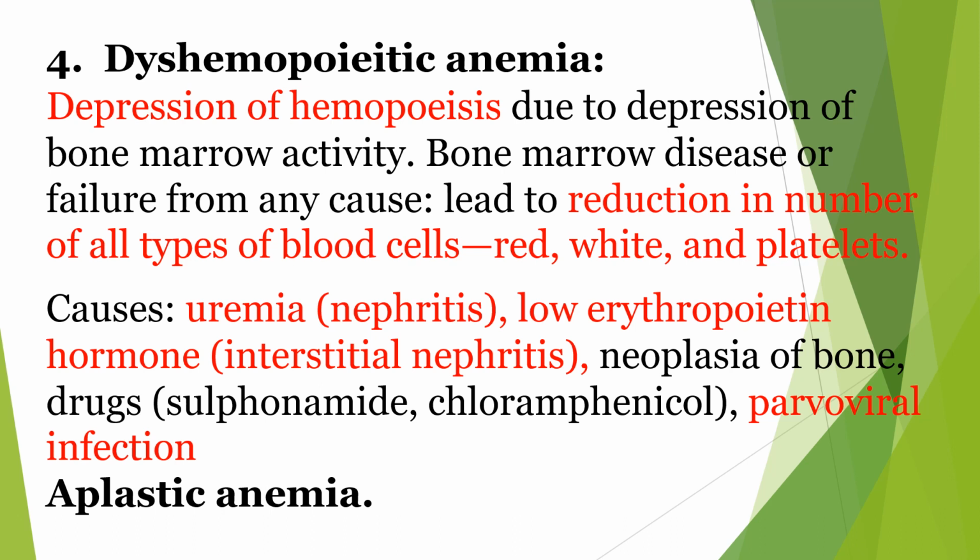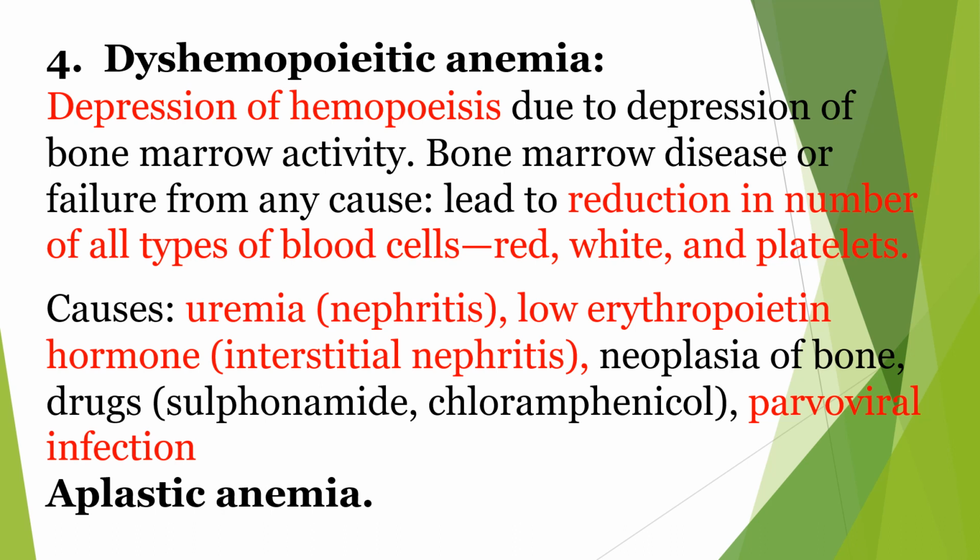But when there is low erythropoietin hormone, especially in interstitial nephritis, a common disease of old dogs, that also leads to anemia. Less common causes are neoplasia and certain drugs, sulfonamide, chloramphenicol.